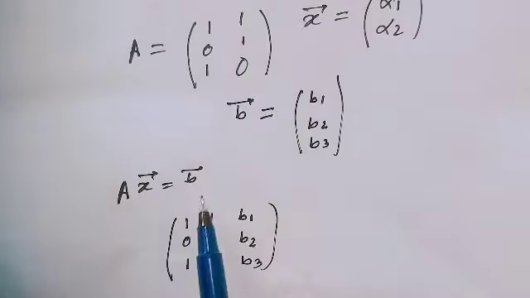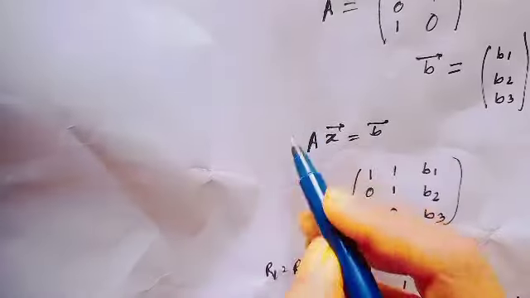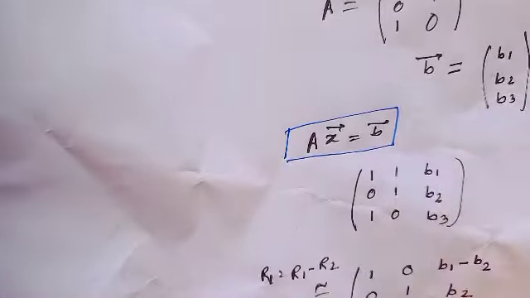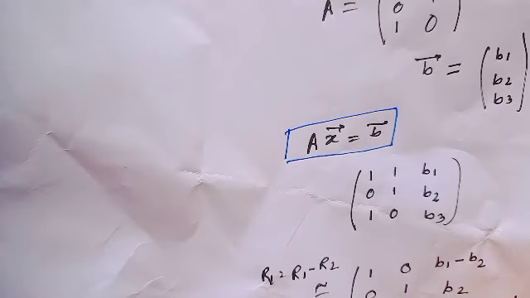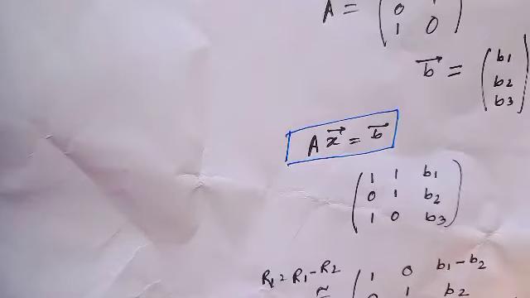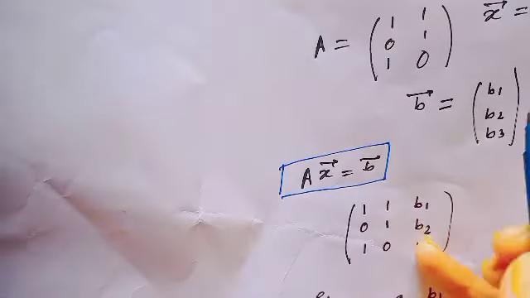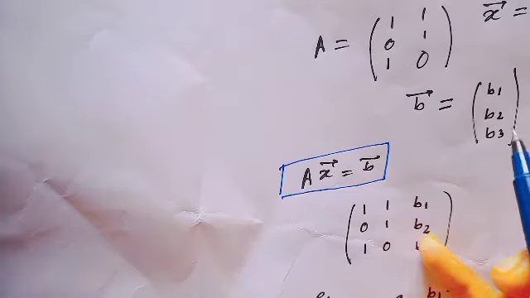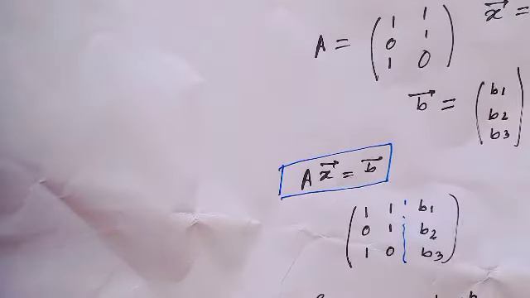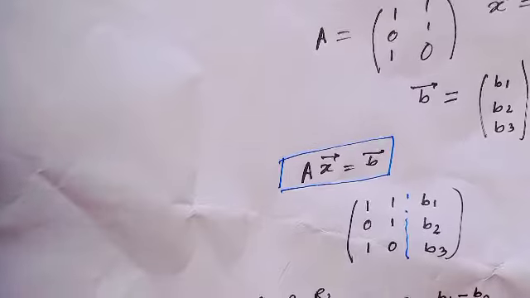Here Ax equal to b is a non-homogeneous equation, so I will use the row reduced echelon form. The vectors (1, 0, 1), (1, 1, 0) are augmented with b1, b2, b3. Now I will apply row reduction.